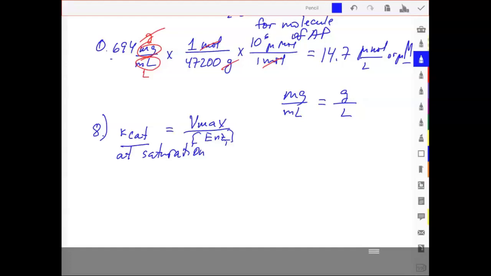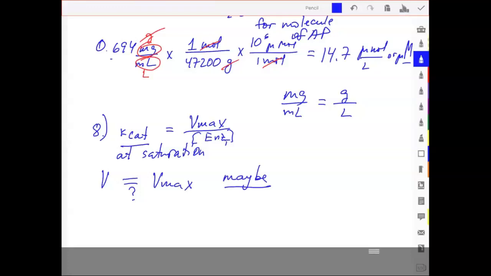So the first question should be, when we measure velocity, is it equal to Vmax? Right? Is that true? And the answer to that is maybe. And the maybe is there's an assumption that we make when we do these activity assays. We set them up so that the substrate is not rate limiting, because we're trying to gauge how much active enzyme you have. So the enzyme has to be rate limiting, right?